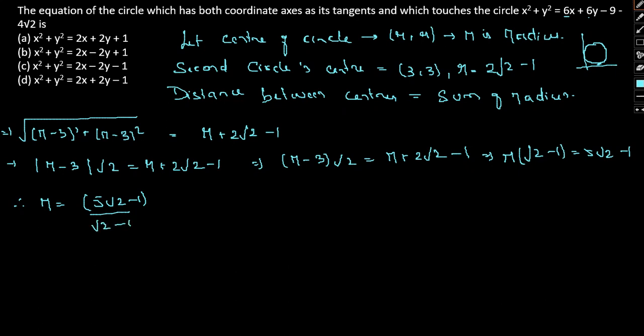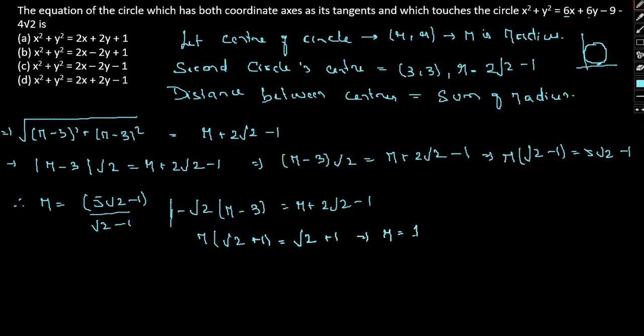Okay. Now we have minus root 2 times r minus 3 equal to r plus 2 root 2 minus 1. So therefore we can again write this as r into root 2 plus 1 equal to root 2 plus 1, so r equals 1.